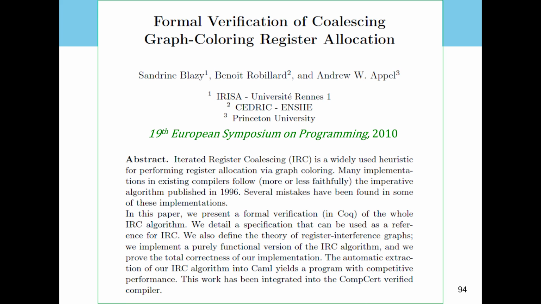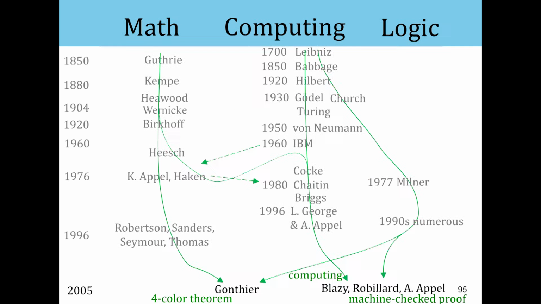So we just took Kempe's algorithm, or rather the Appel and George version of the Briggs version of the Chaitin version of Kempe's algorithm for graph coloring with coalescing. And Sandrine Blazy of the University of Rennes and her student, Benoit Robillard, we proved it correct in the Coq proof assistant. So we merged those, and that was great fun.